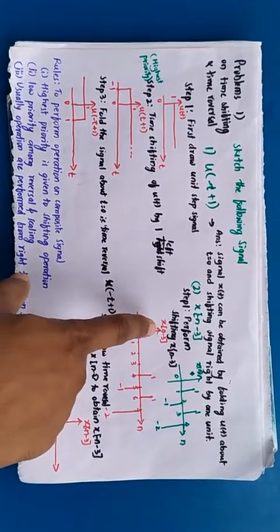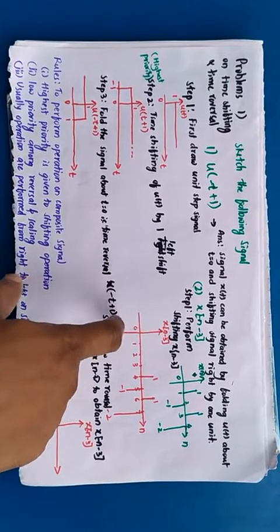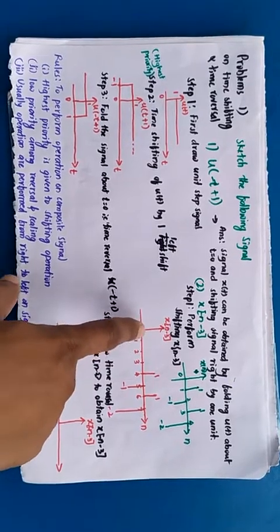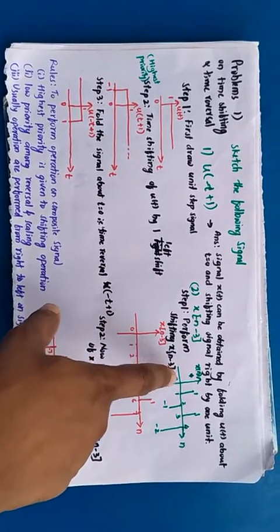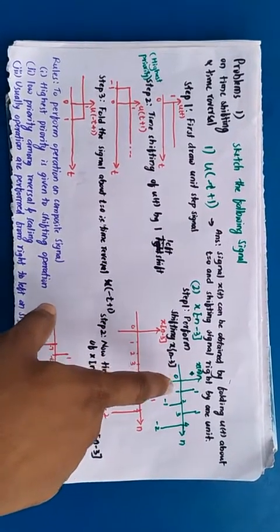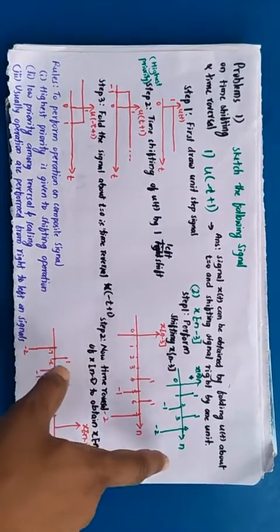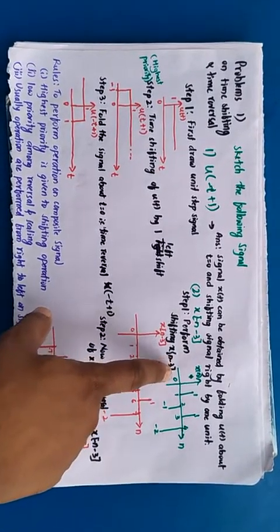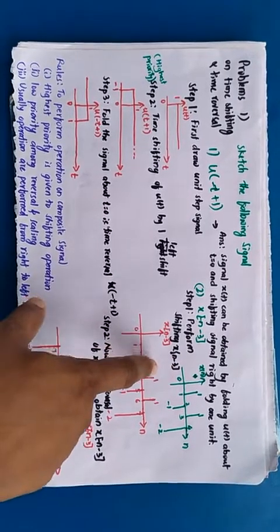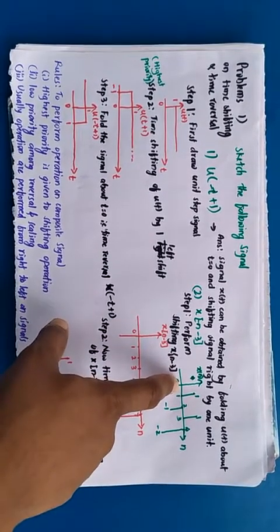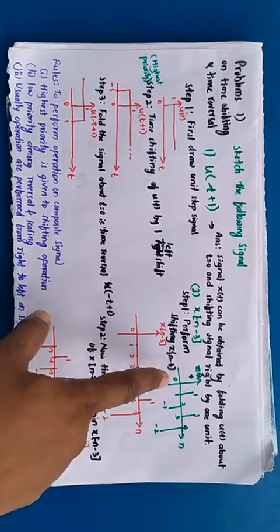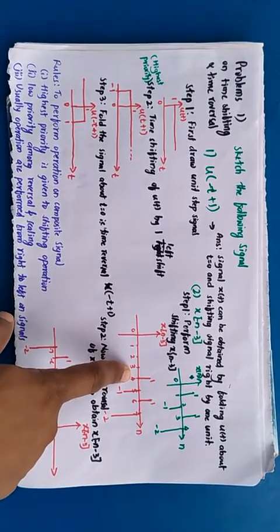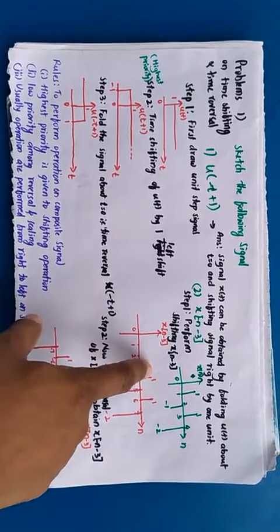So how will it look? Whatever values of n exist in the original signal, now all of those will be shifted by 3 units. At 0 there is nothing, 0 plus 3, at 3 we will have 0 only. At 1 we have amplitude 1, plus 3 makes it 4, at 4 we will have 1.